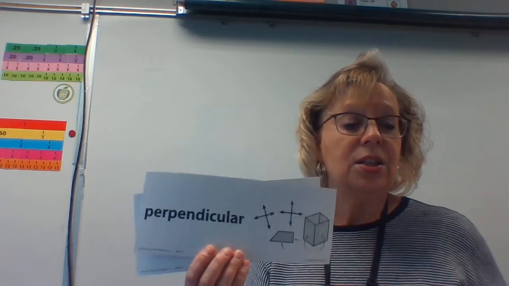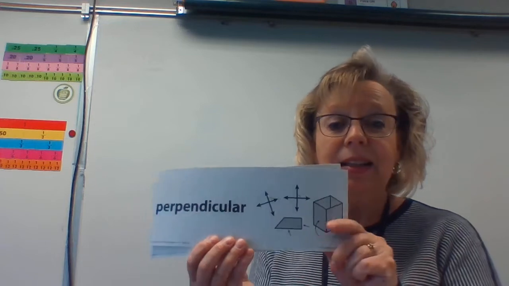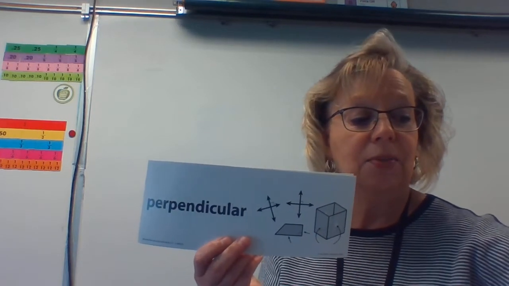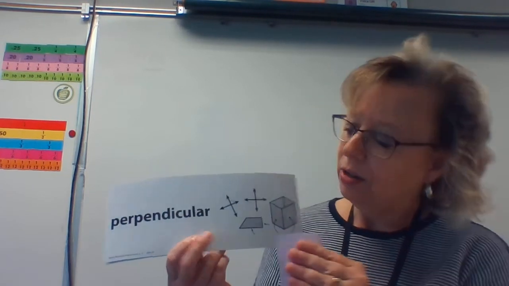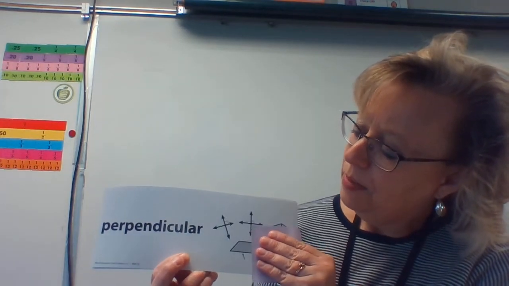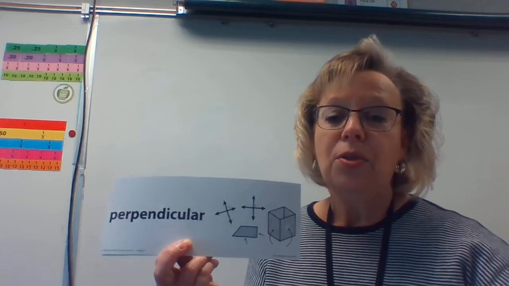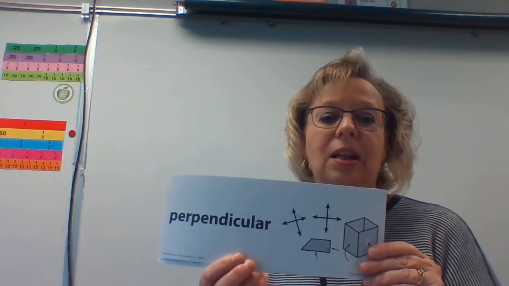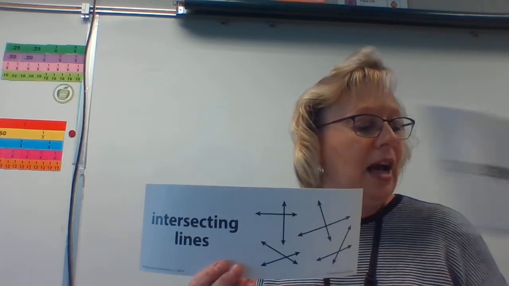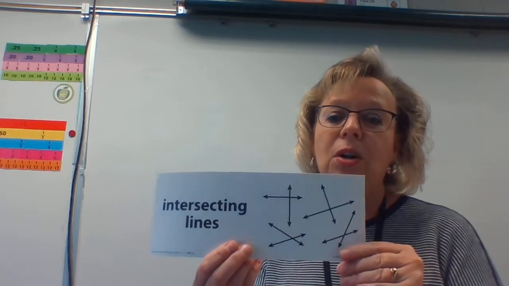If those lines crossed at exactly a 90 degree angle, and again, we could use our handy-dandy angle finder to say, oh, yep, that's exactly a 90 degree angle right there, then we know those were that fun word, perpendicular lines. And then the last type of lines we talked about were intersecting.